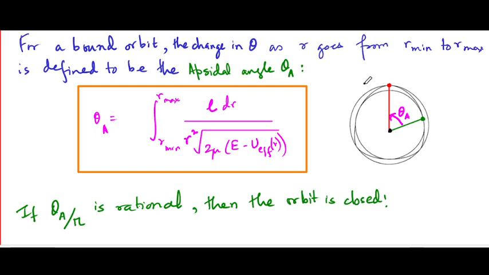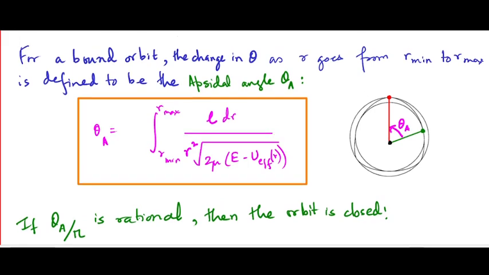Note that this is different from what we did a while ago, where we talked about oscillations in the radial direction for small departures from a circular orbit. This equation that we have written down here is actually valid for all bound orbits.